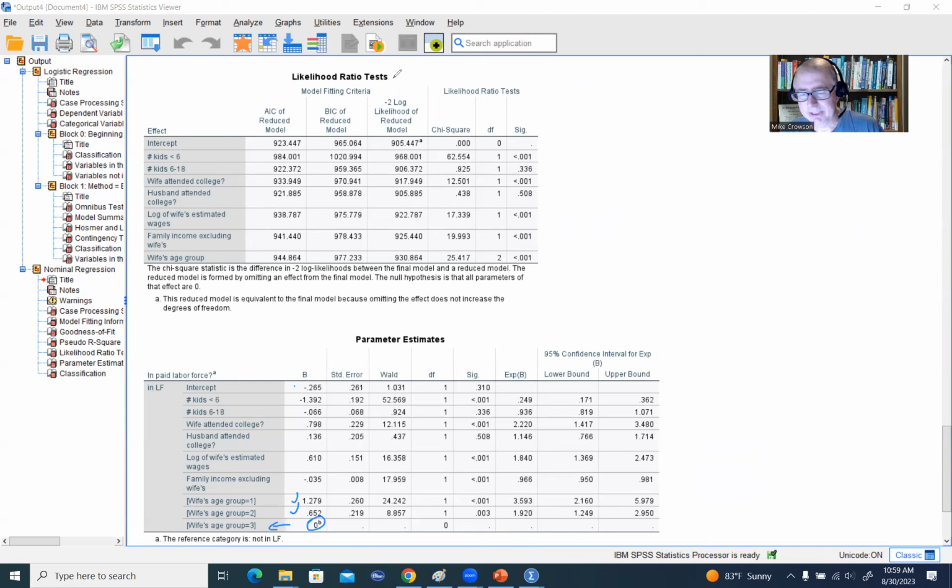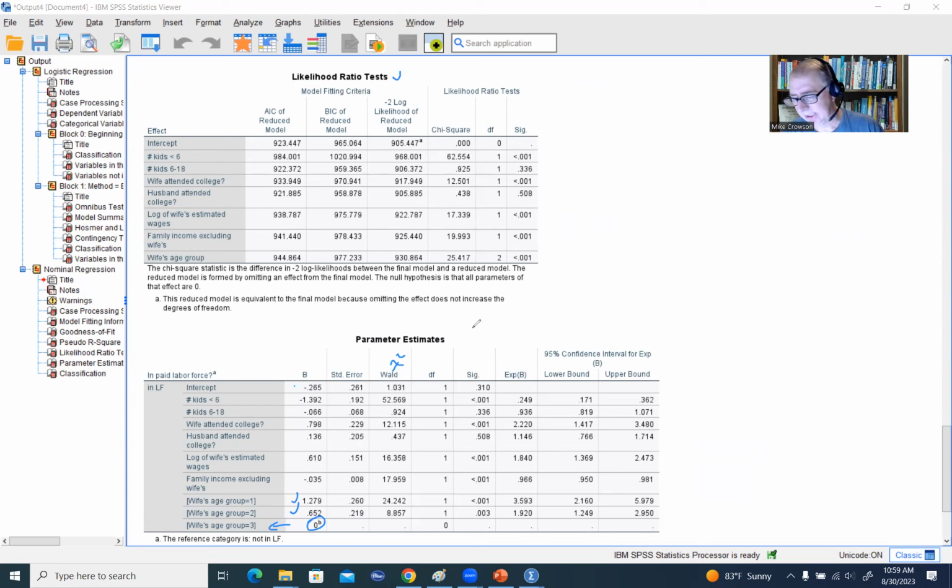The likelihood ratio tests are a test of each of the predictors in the model, and oftentimes these will be more powerful than the Wald chi-square test that we have down here in this table, but usually folks end up defaulting to reporting the Wald chi-square tests.